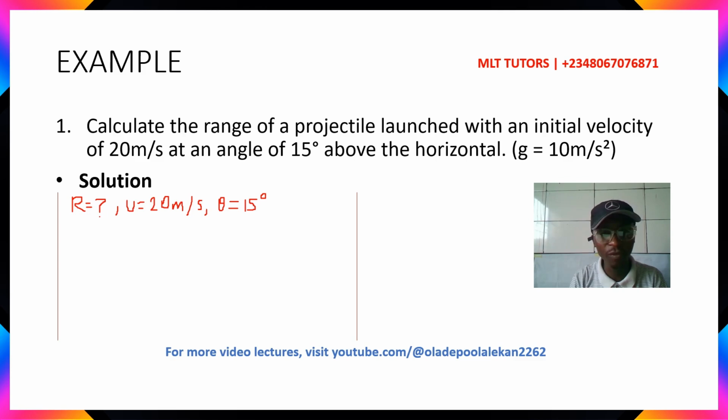And we've been given g in the question, acceleration due to gravity, which is 10 meters per second squared. So we shall be using the formula method to solve this problem. And in the previous slide, we've learned that the formula for range of a projectile is equal to u squared sine 2 theta over g.